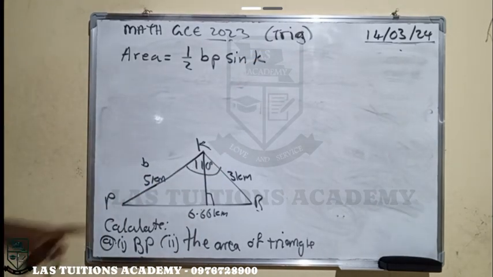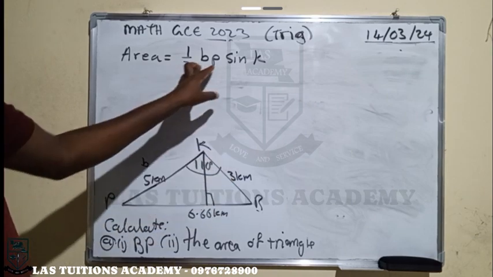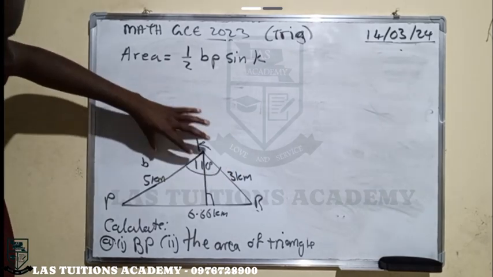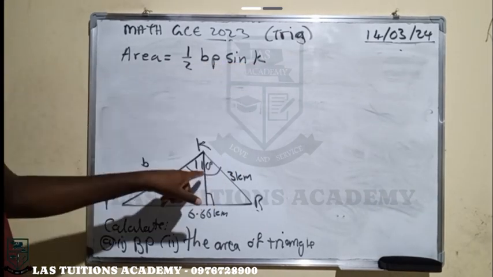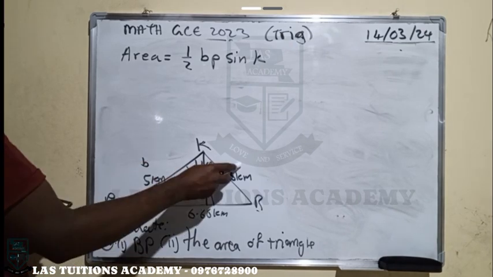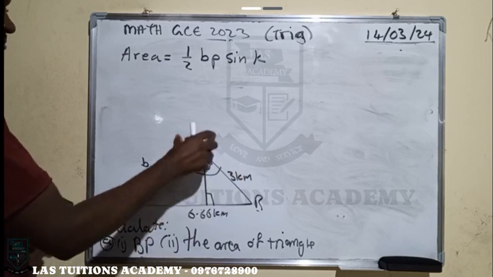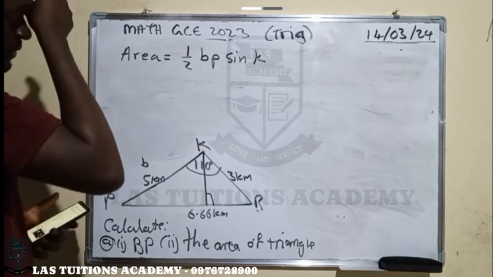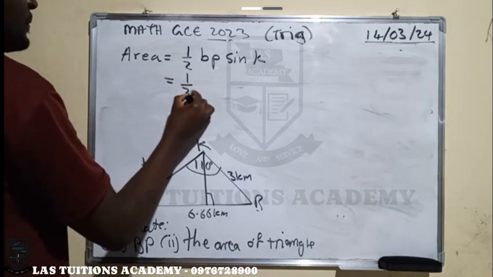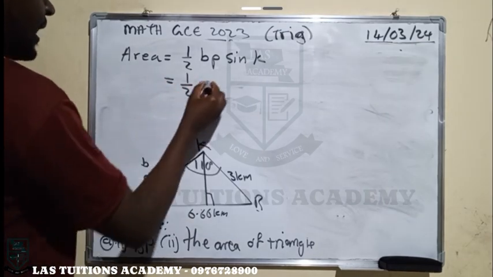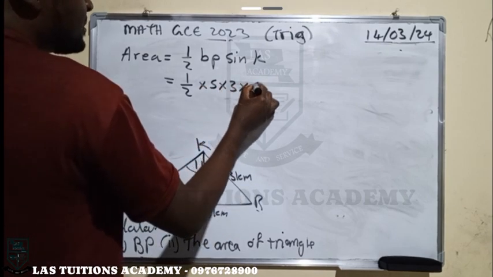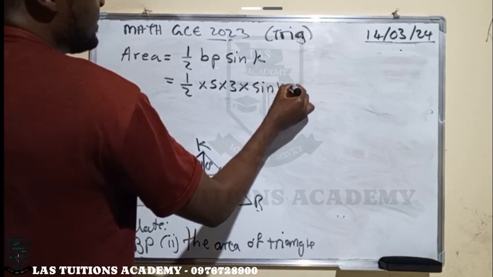So these are the two sides, and the angle that is formed by these two sides is the one that we put here, which is K. It's the only angle that we have. So area is going to be half times our B, which is 5, times our P, which is 3, times sine 110.